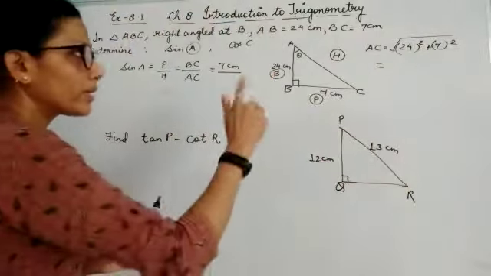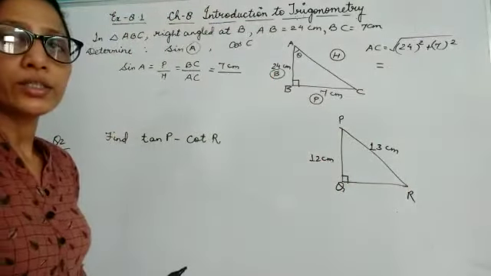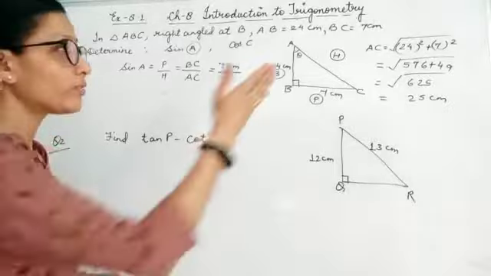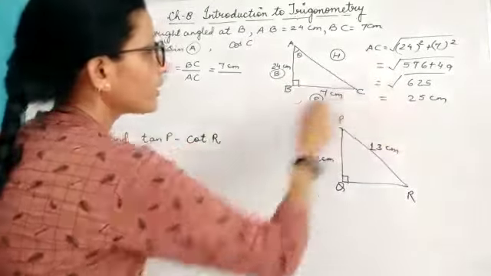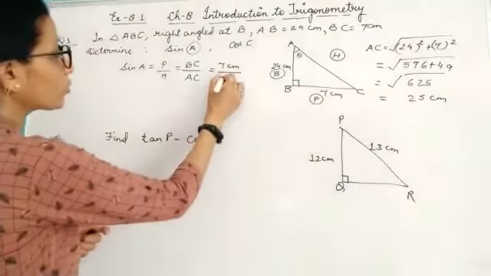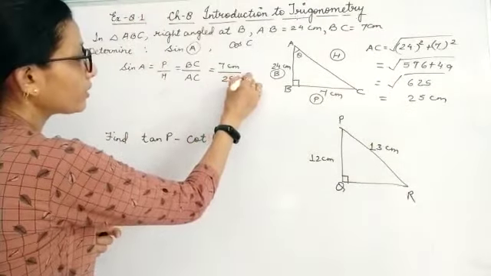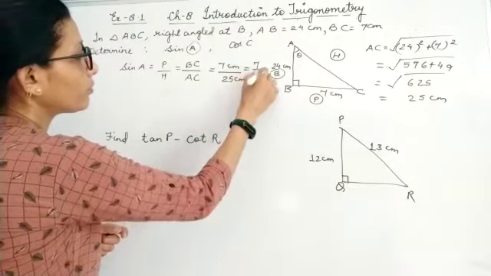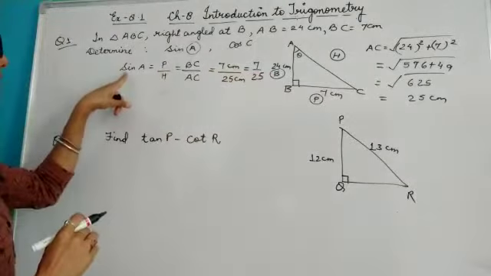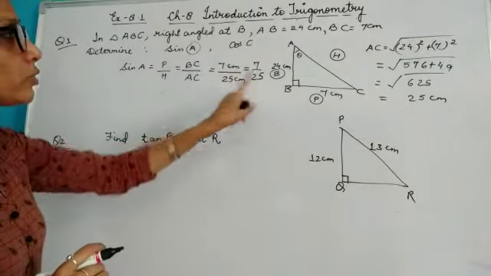So get the answer by squaring and adding it. You can pause the video and can see the solution. So here I have calculated AC as 25 centimeter. Centimeter and centimeter gone. So I'll just get 7 by 25. That means sine A will be 7 by 25.